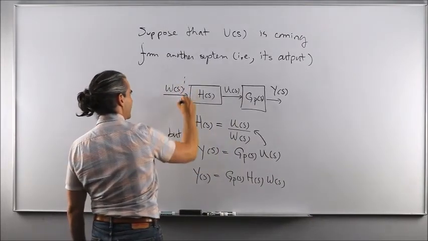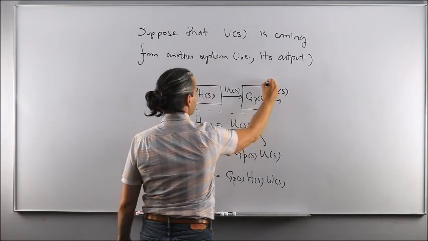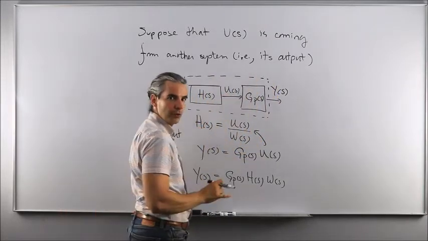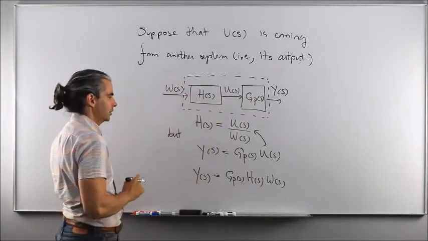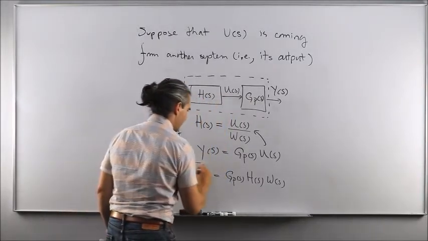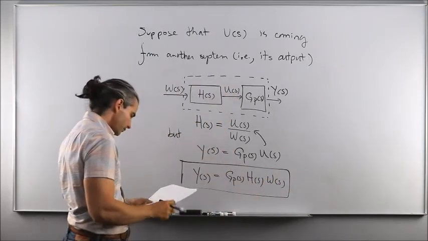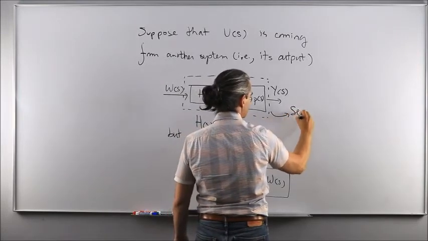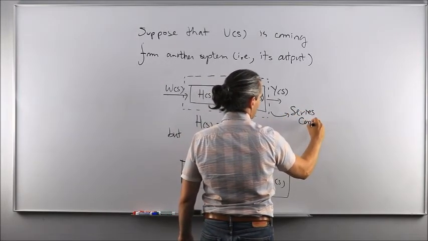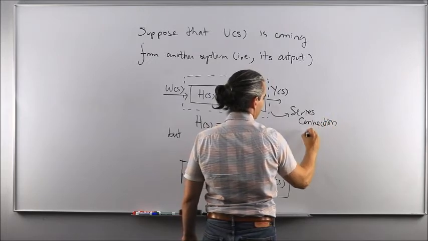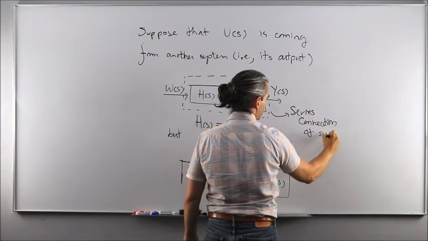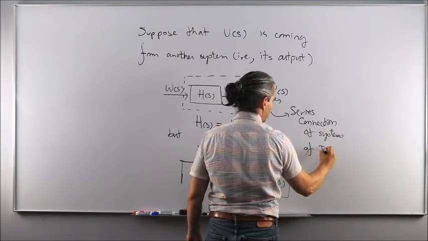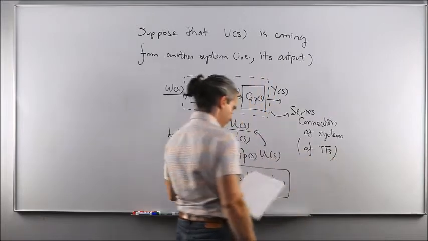Or you could say that the global output of those two corresponds to the multiplication of those two transfer functions times the global input W. That's what this equation means. Turns out that this is known as a series connection of systems, or alternatively you could say of transfer functions.